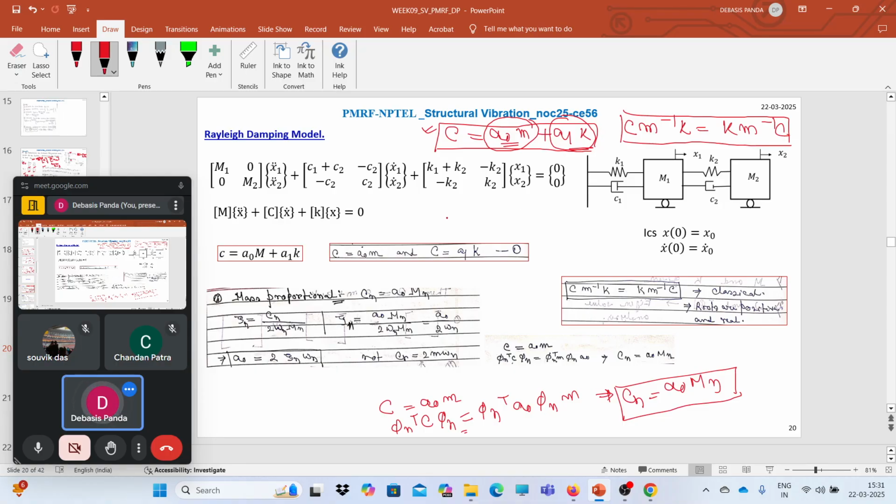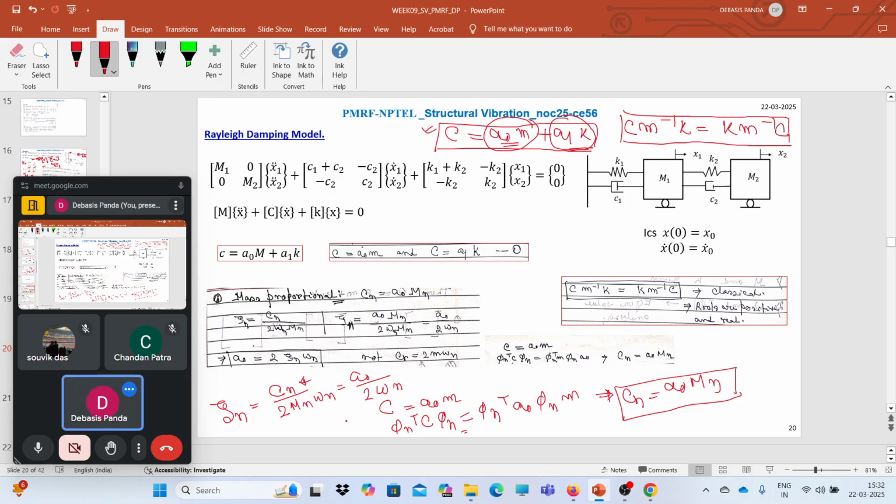Now we know that the damping ratio zeta is nothing but C by CCR, and CCR we know is twice M omega n, right? So now instead of Cn, if we replace this with A naught Mn, zeta n will become A naught by twice omega n.